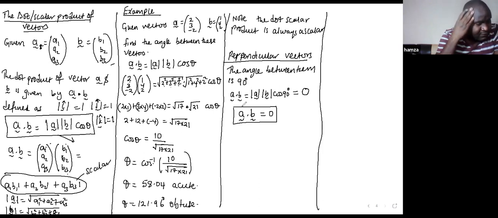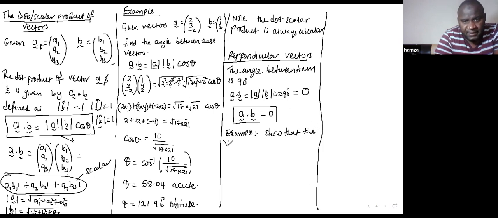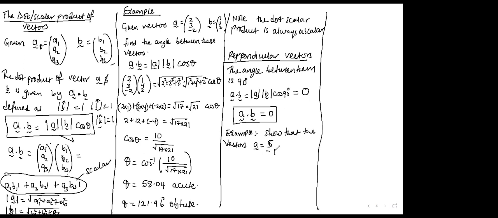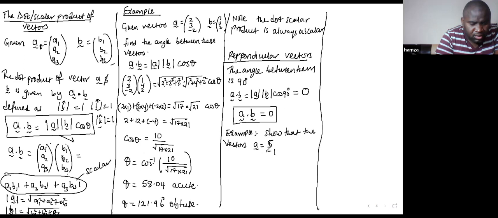Okay? So I can ask you to show that the vectors A, which is equal to (2, 3, -4), and B, which is (5, -2, 1), are perpendicular.